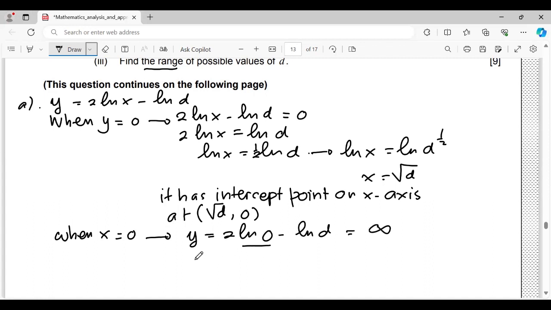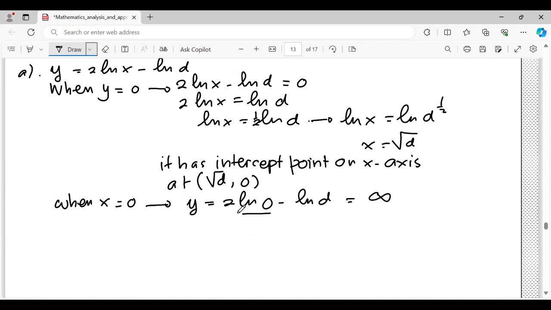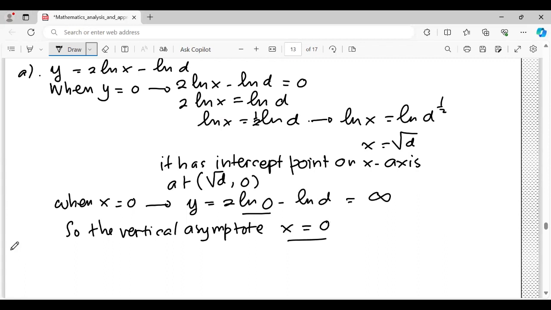Infinite means the vertical asymptote. So the vertical asymptote happening when x equals 0. Next, B.